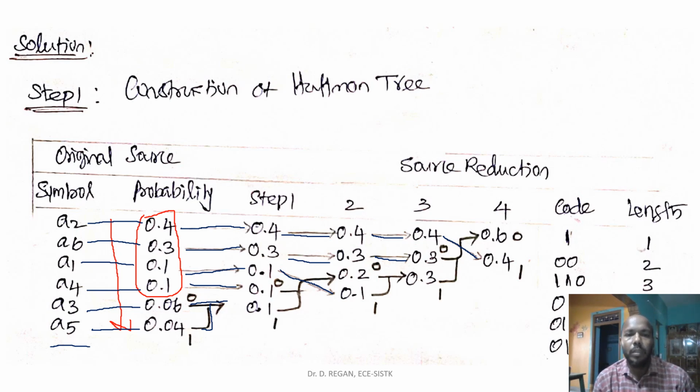Now we have to assign the code words to the symbols. From the last two, again to the source, we have to come backward. So it is the backward code word tracing method. By tracing these probability values we will assign the codes.